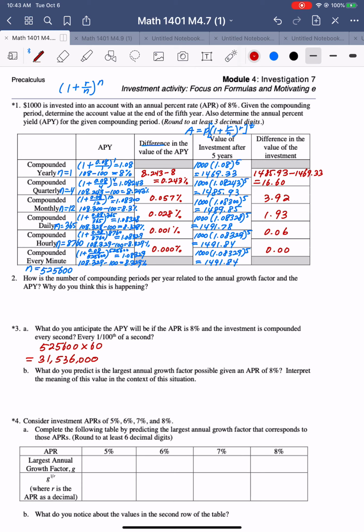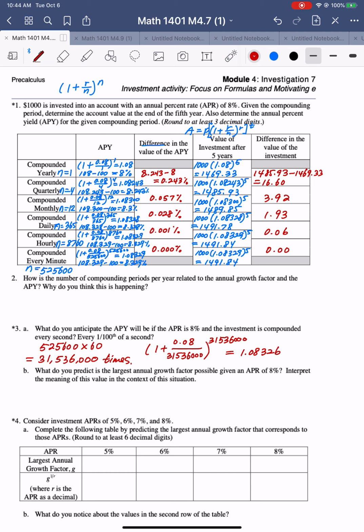That's the seconds, okay? That makes it every second. So if you want to think about the APY, which is from 1 plus 0.08, it's the same 8%, but you have 31,536,000 to the 31,536,000 power.